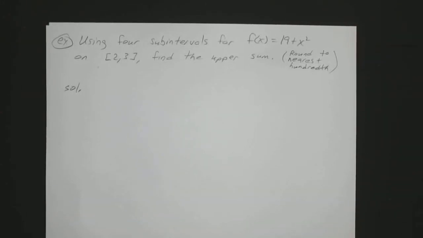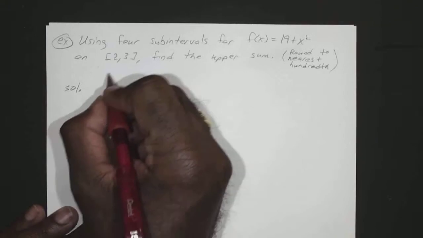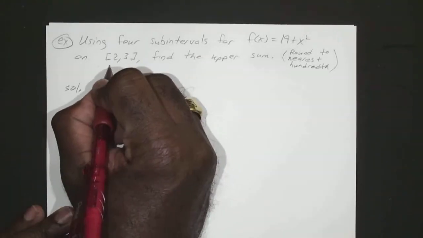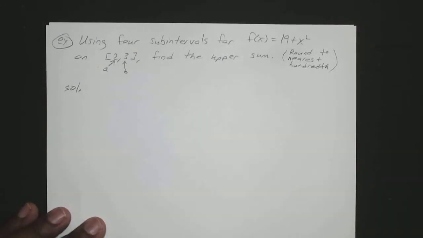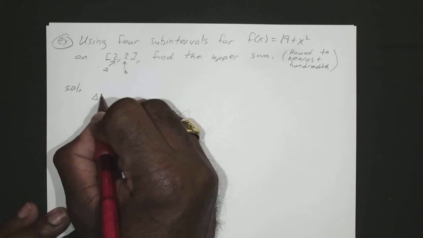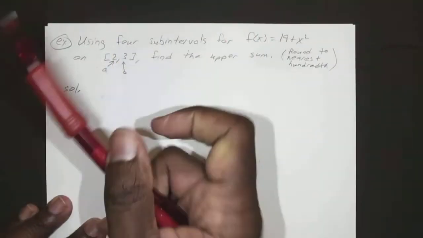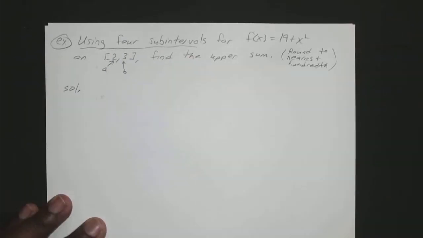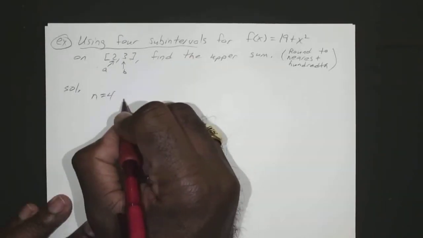So the first thing we're going to do, which is also the easiest thing we're going to do, is find our delta x. On interval 2 to 3, remember, this is your A, this is your B. Our 4 subintervals means our n is going to equal 4.